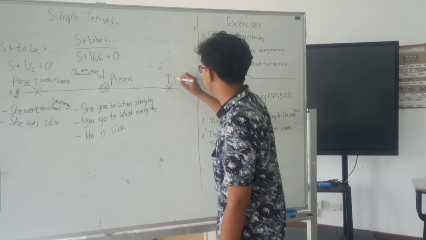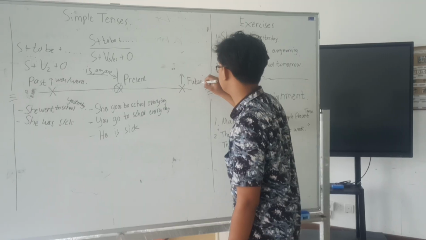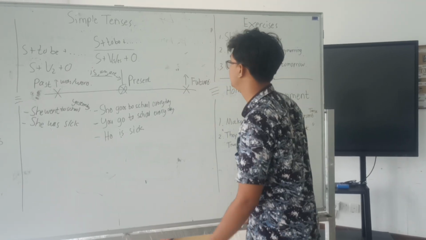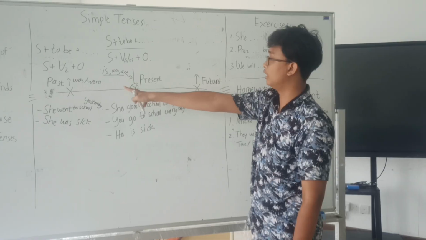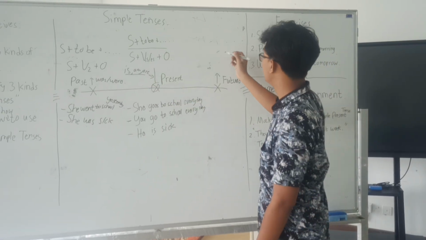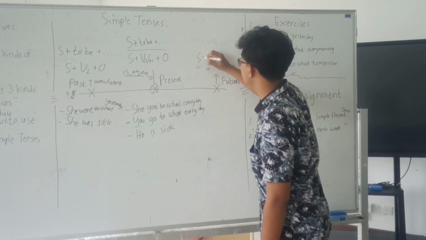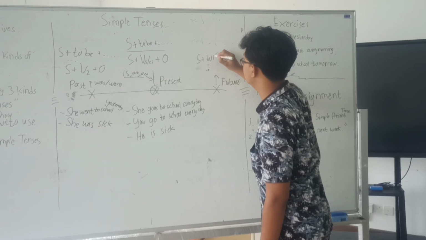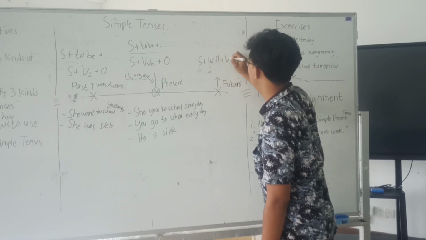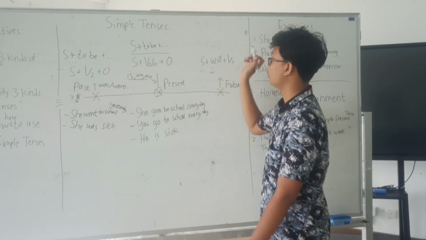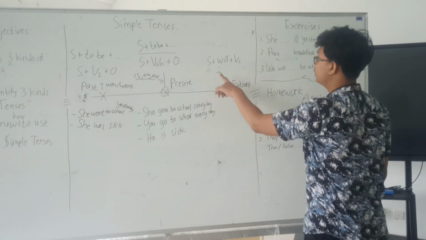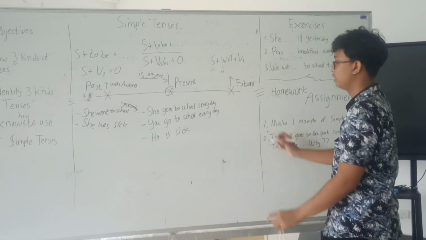And then the last one, we jump into the future. We call it simple future tense. This is the most different from those two, because the formula is like this: subject plus will plus verb 1, without s or es and without verb 2. So we only use the subject, then will, and then verb 1.